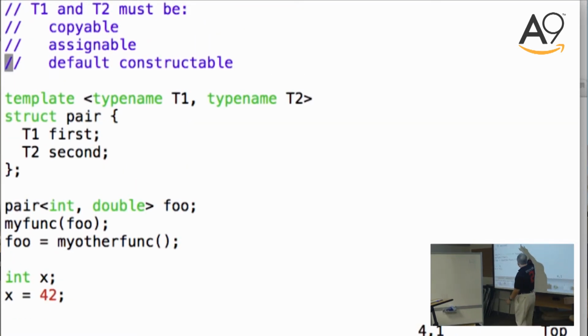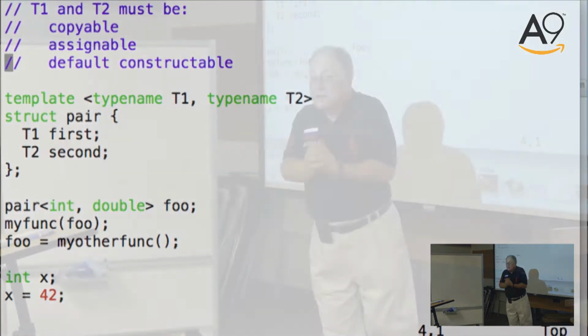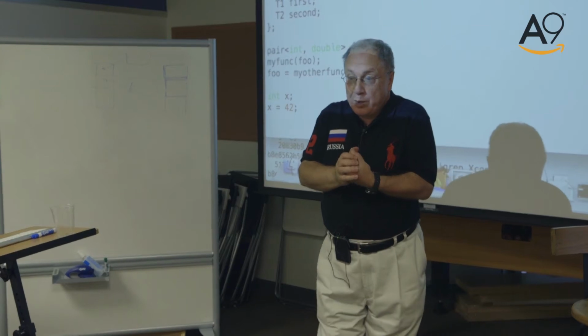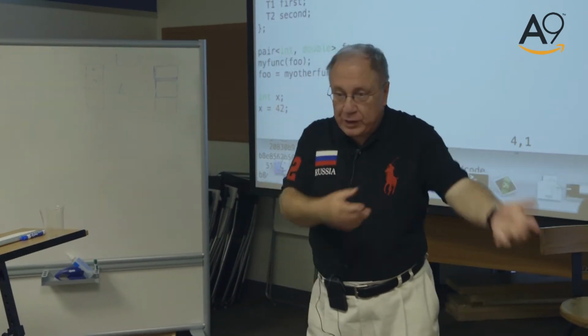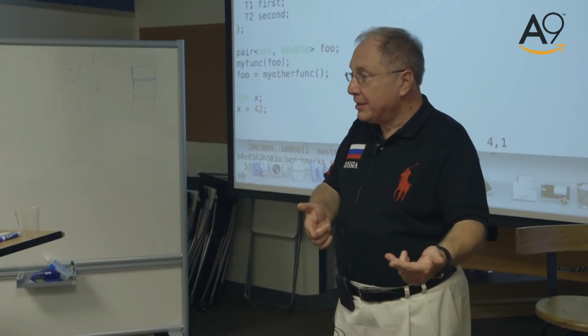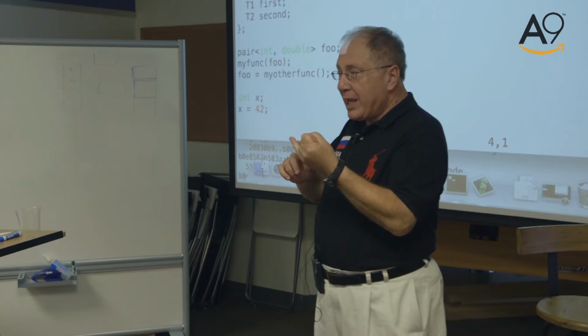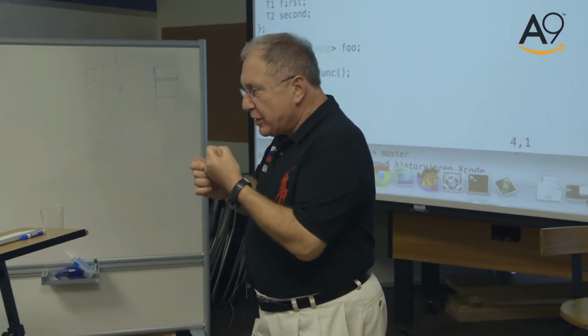If we want this to have a default constructor, the only meaningful default constructor will be to just use the default constructors for first and for second. Do you agree? Therefore, we have a requirement on this thing. So we agreed that it has to have a default constructor.